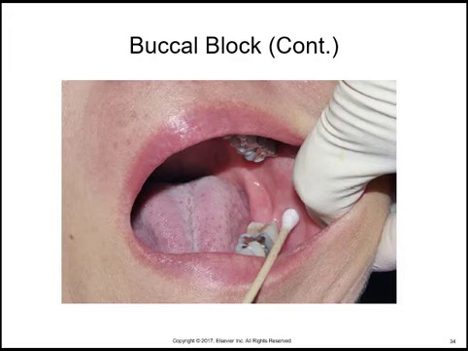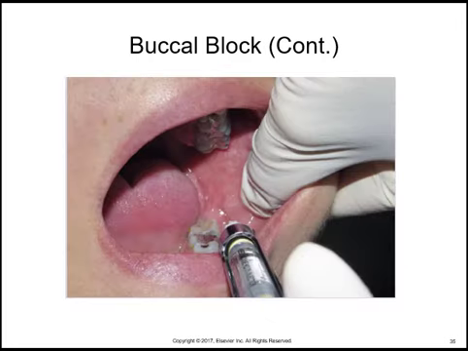This is the landmark for the buccal block. You'll see with this cotton tip applicator that they're just going straight back, straight back to the most distal mandibular molar. This is the needle insertion point, which is in the vestibule, distal and buccal to the most distal molar in the quadrant, and at the height of the occlusal plane.